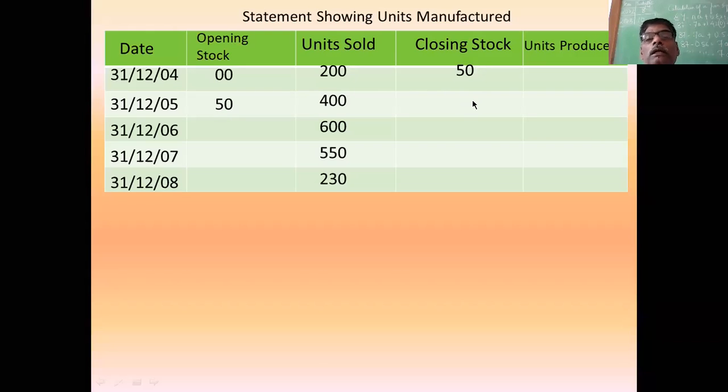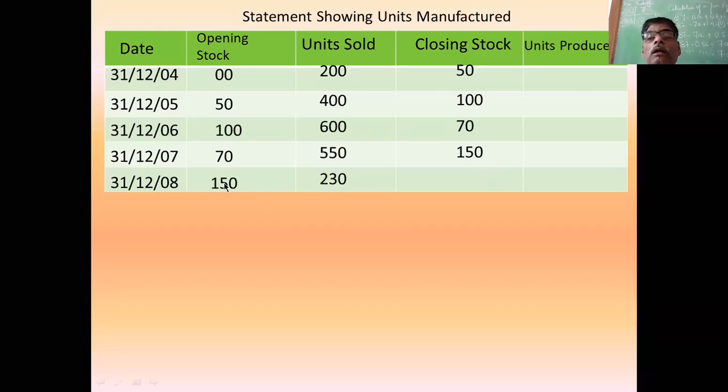Okay. And second year closing stock is 100. This 100 closing stock of the second year becomes opening stock for the third year. Okay. And third year closing stock 70 becomes opening stock for the fourth year. And fourth year closing stock 150 becomes opening stock for the fifth year.